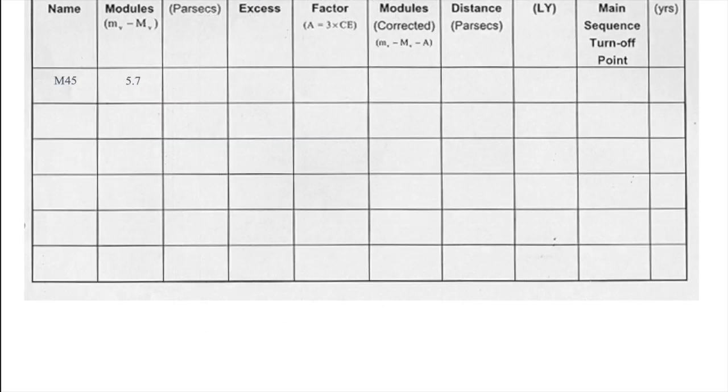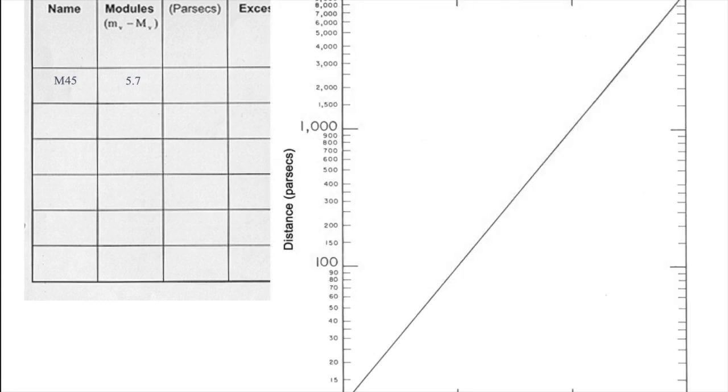Beautiful. The next thing is we need to figure out the distance in parsecs using our distance modulus. Instead of doing a bunch of math, we gave you an easier way of doing it by using a graph. Look at this beautiful graph. So you use the distance modulus down here, you mark where 5.7 is, right?